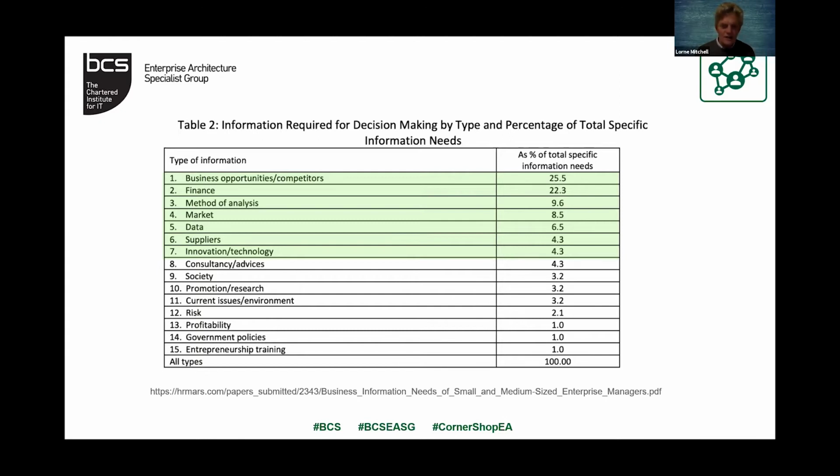Interestingly, the rest falls down below, and it could be argued that once you get to 7th, 8th, 9th position, the order doesn't really matter. But I think those are the two main uses of information within a company to fuel it.